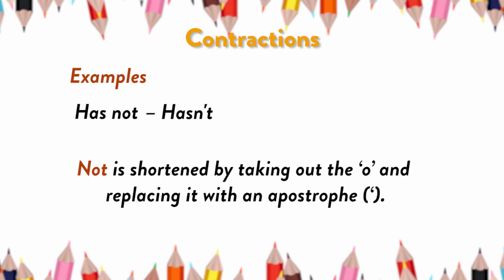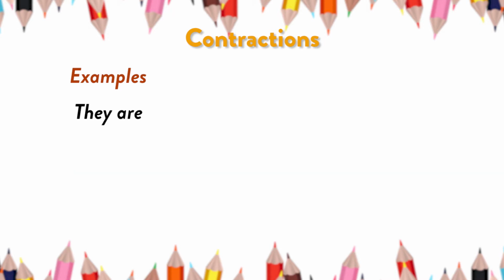So here is what it looks like. We have HASN apostrophe T, and that would be pronounced as hasn't, which is the same as has not. And this is how it is formed. For any contraction that we are forming with the word not, we take the O and we replace it with the apostrophe.